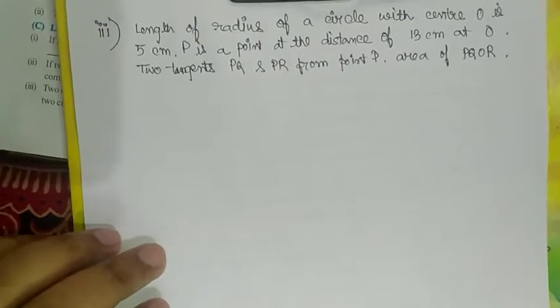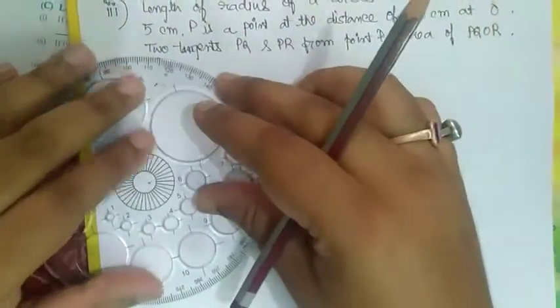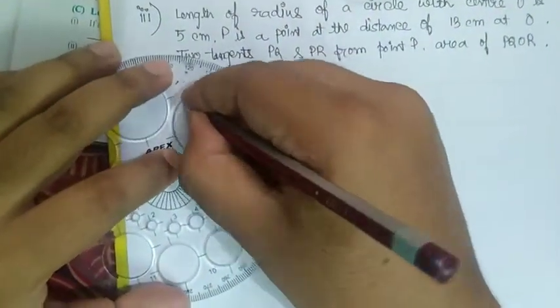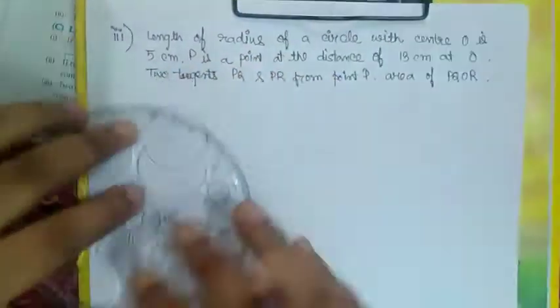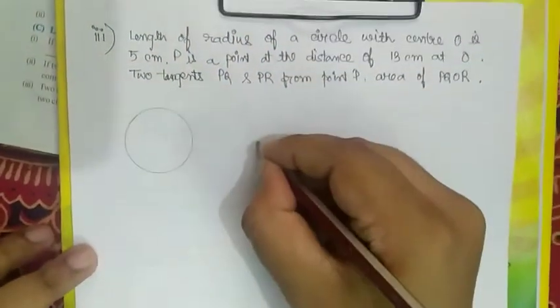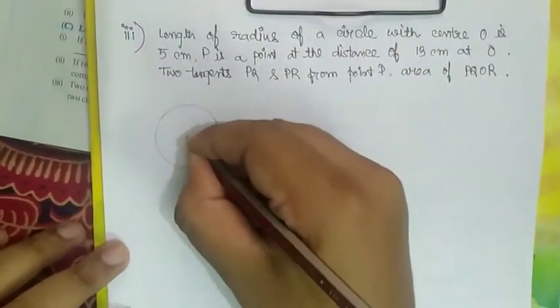So therefore first of all we draw the circle, and its outside point is here and this is the center.